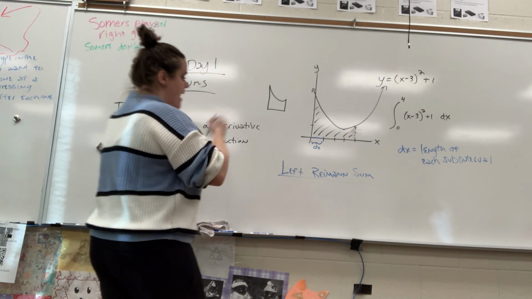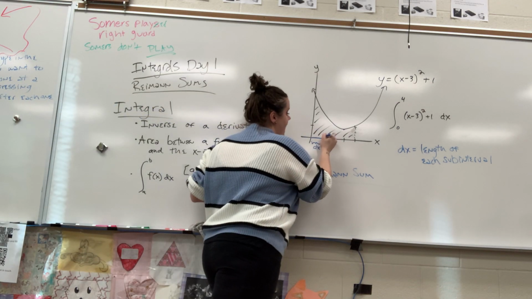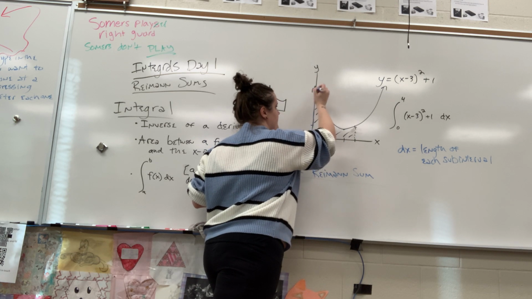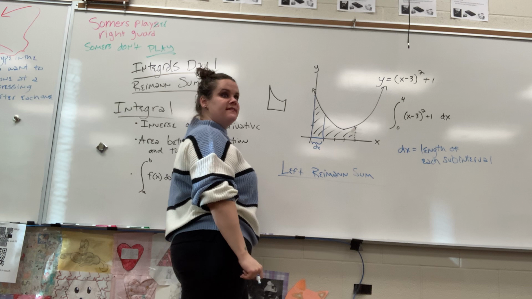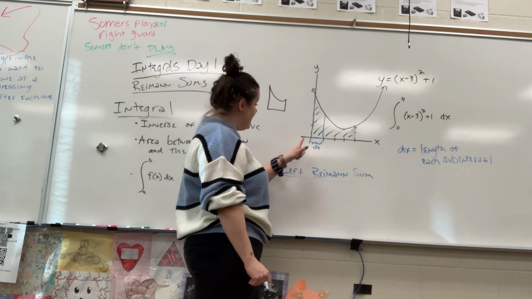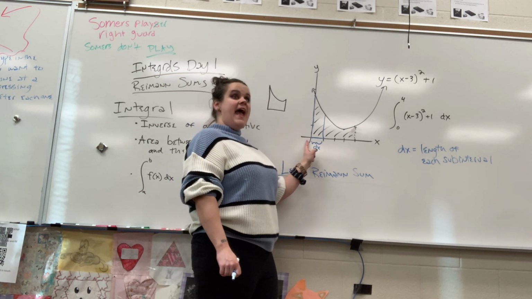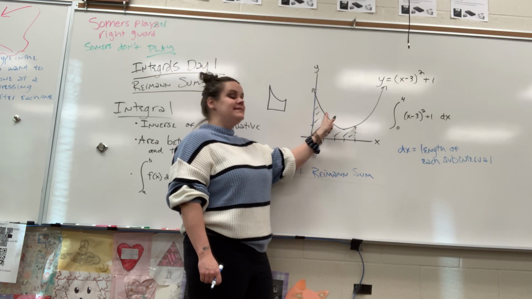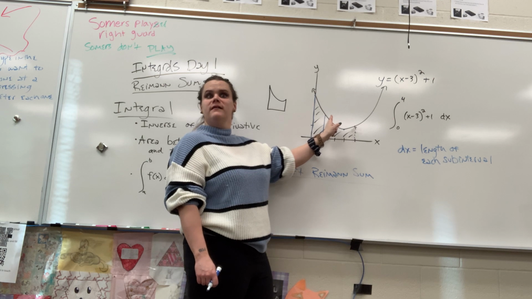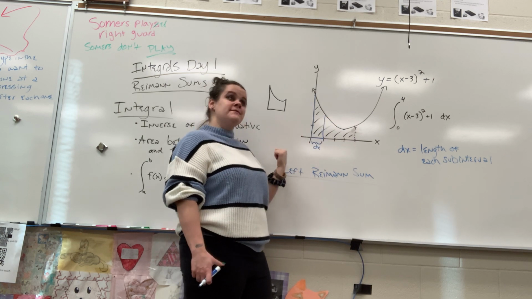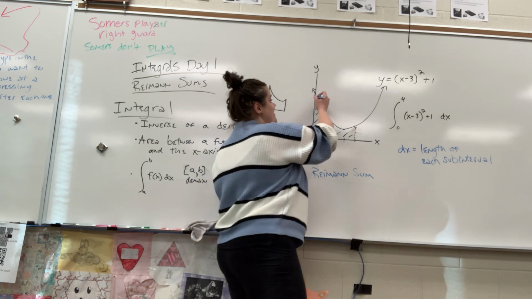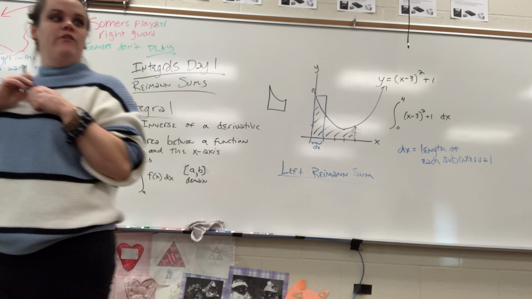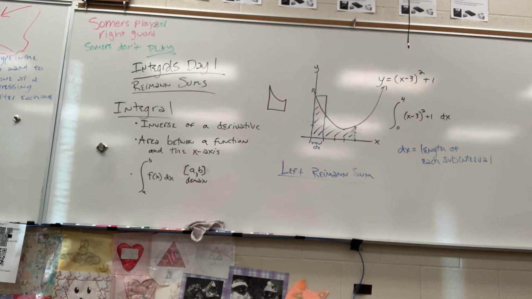If I'm going to take this rectangle, I have two options to decide how tall it is. I have the left end point of the subinterval, or I have the right end point of the subinterval. So for a left Riemann sum, I'm going to use the left end point of the subinterval to decide how tall my rectangle is.